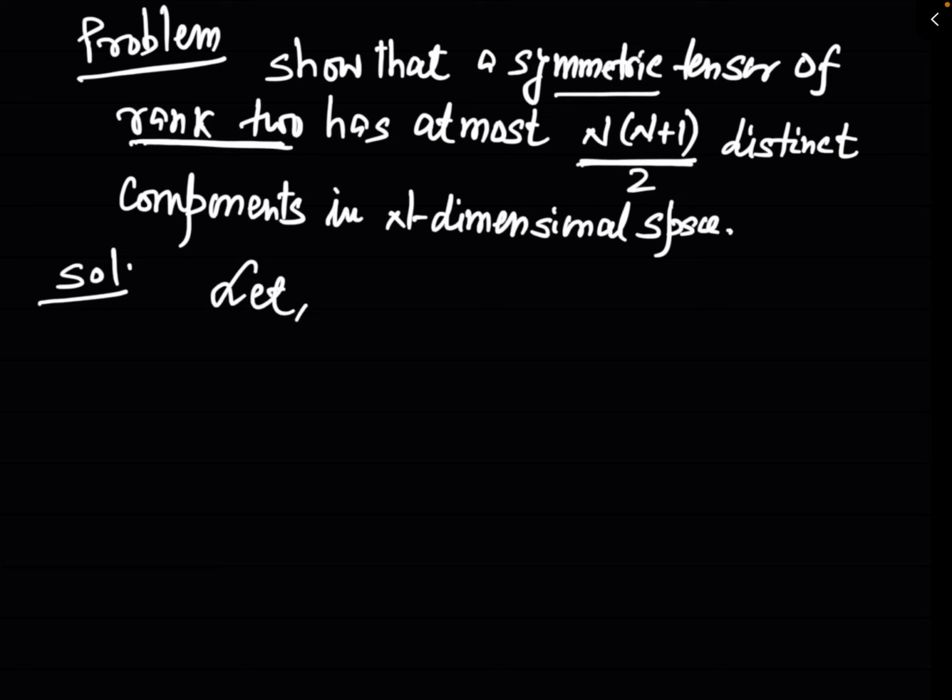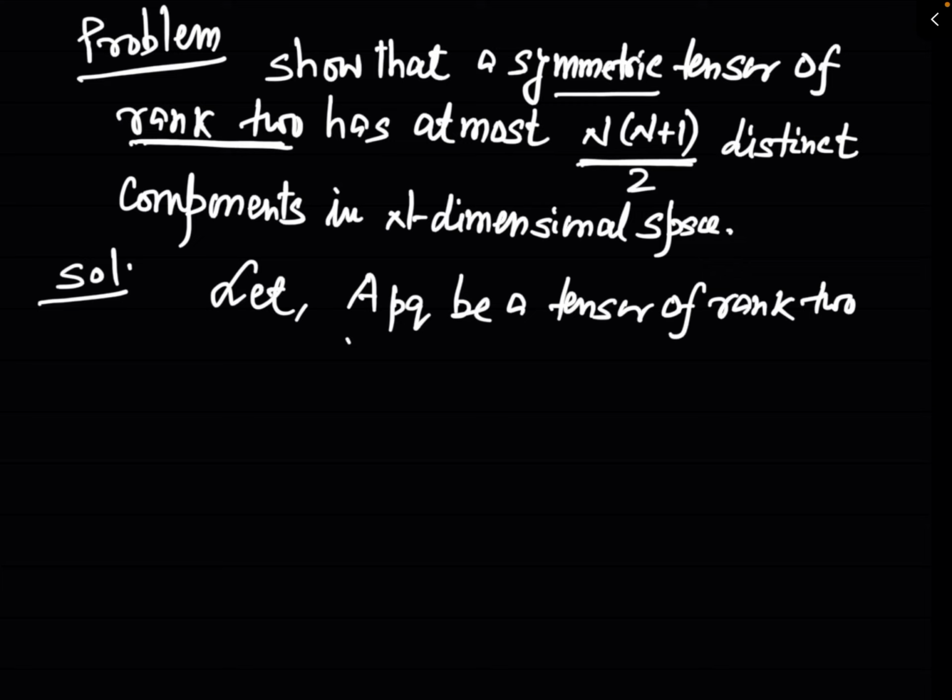So let Apq be a tensor of rank 2, and you can see this is a covariant tensor. But as I have told you, you may also take a contravariant tensor of rank 2 in place of this Apq.